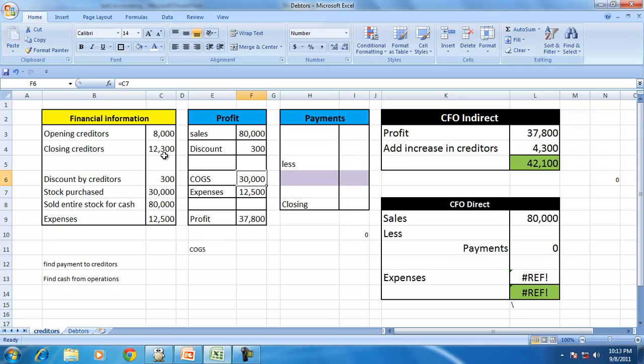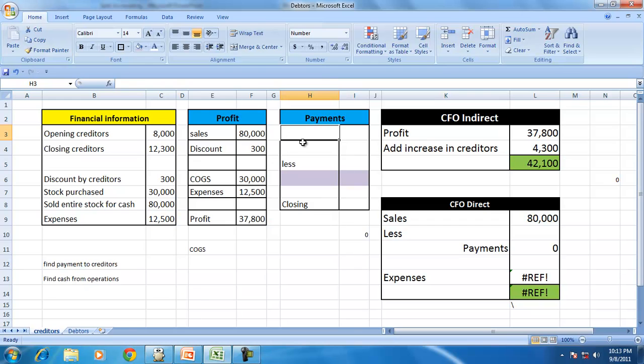Since no other adjustments are there, we are finding CFO as profit plus the increase in the creditor. But to find actually how much cash has been paid, we need that information. To find CFO by using the direct method, we need payment information.